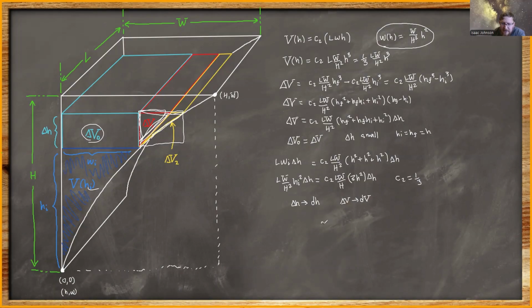We ended up with dV equals 1/3, or wait, no, LW over H times H squared DH. Another thing you could consider, Nick, and I'm not sure if this would help, is over here we have our delta V. You can divide over the delta H. And actually, maybe this makes sense first to write out the full decomposition.